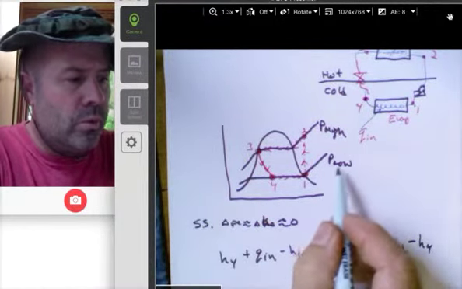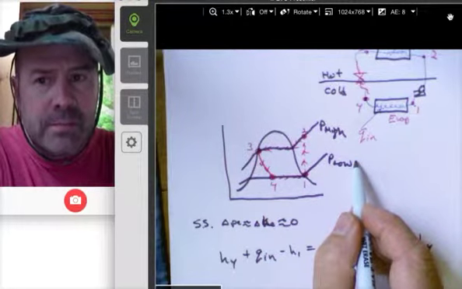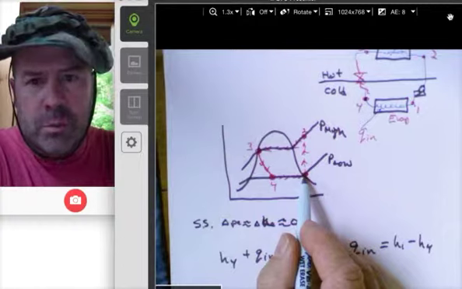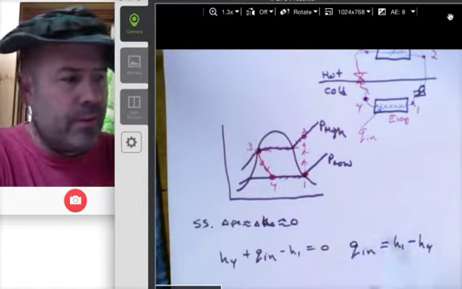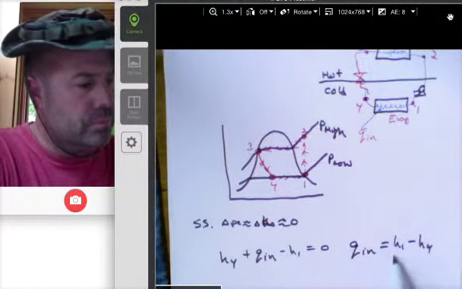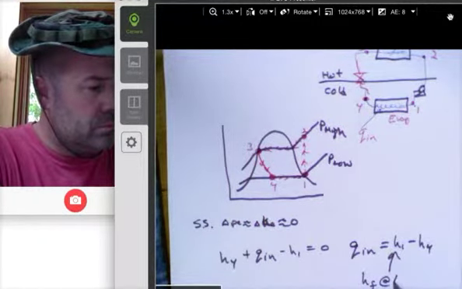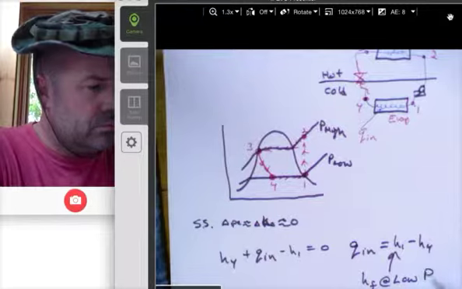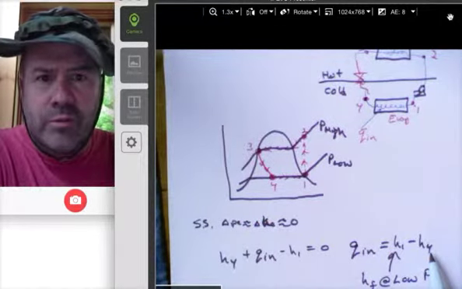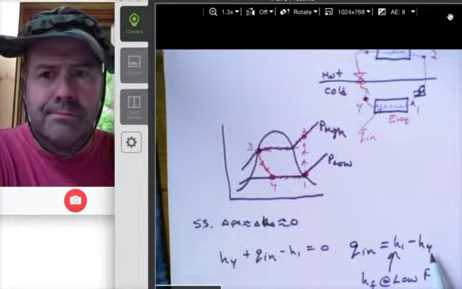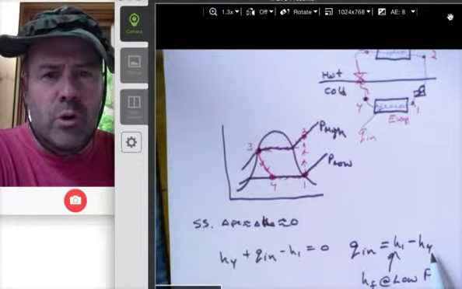H1 would be at our low pressure, which would be given, and it's a saturated vapor. Be HF at the low pressure. How about H4? Don't know it.